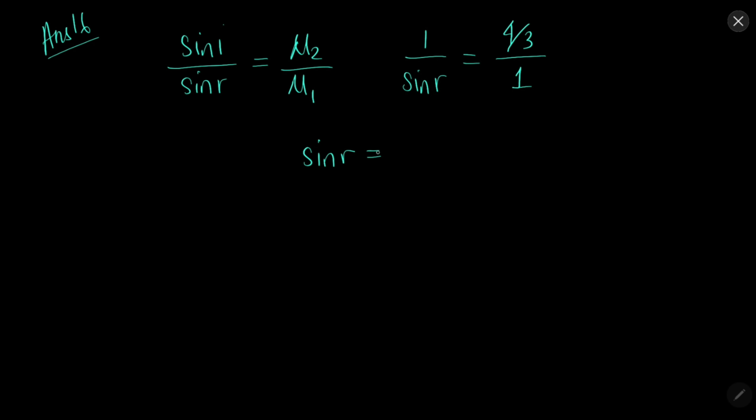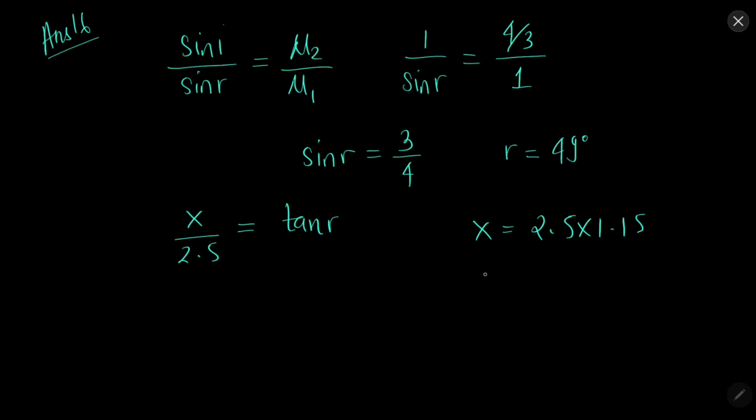So sin of r equals 3 by 4. So r equals 49 degrees. X by 2.5 equals tan r. So X will be 2.5 into 1.15. It will be 2.8 meters.